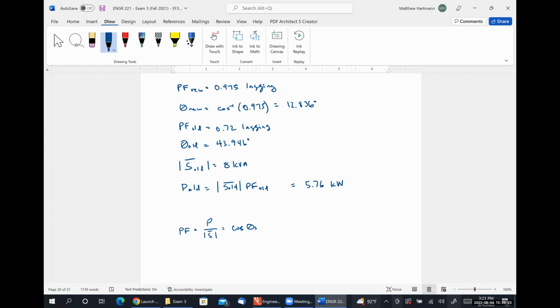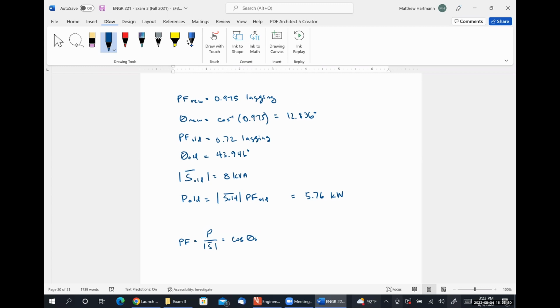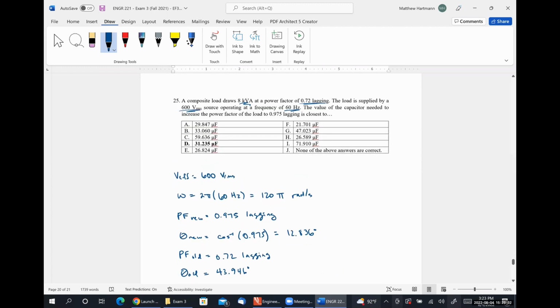So again, just showing you this because this is the last thing that we're going to talk about in this class. This is what I expect you to be able to do on your exam. Literally pick apart the little pieces of information that I give you to plug into that one equation. It will be some variation of this exact problem.